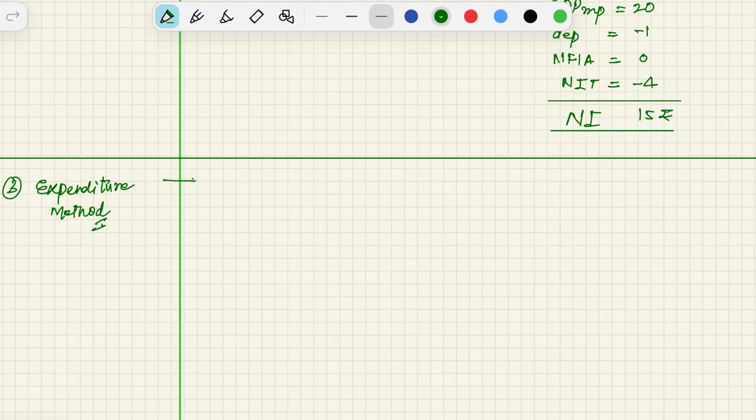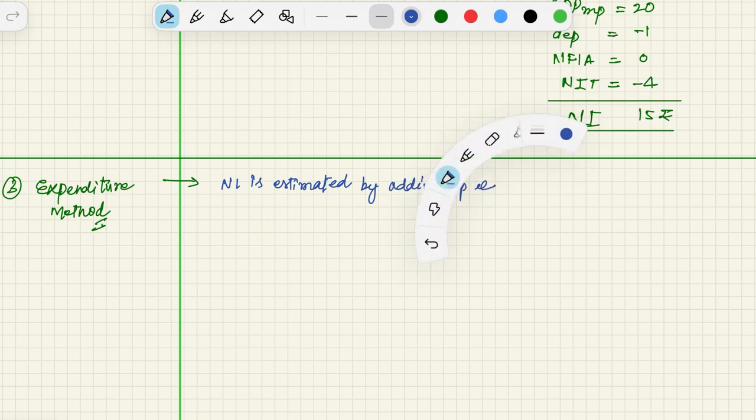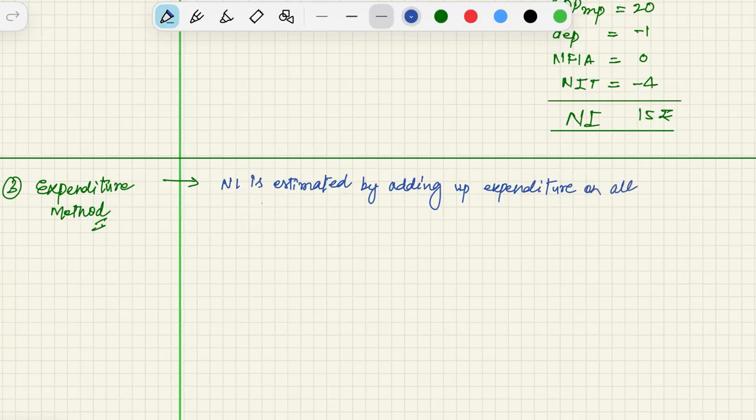In the expenditure method, national income is estimated by adding up expenditure on all final goods and services.